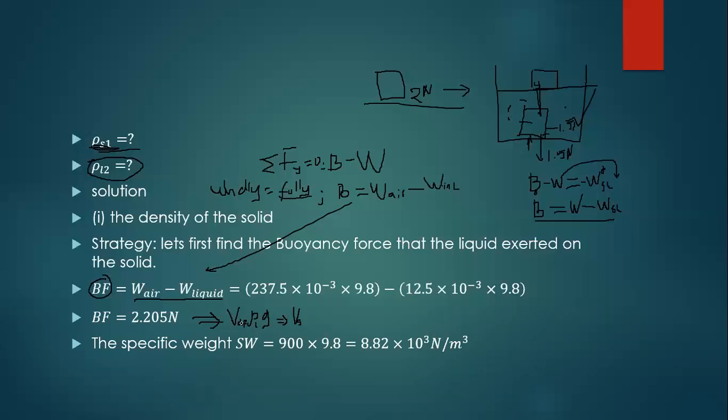So instead of writing volume of the displaced fluid, we can write volume of the solid multiplied by the density of the liquid multiplied by acceleration due to gravity.